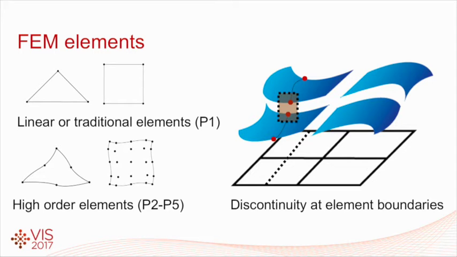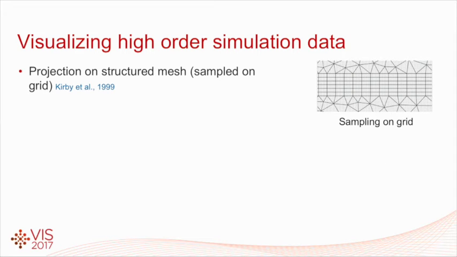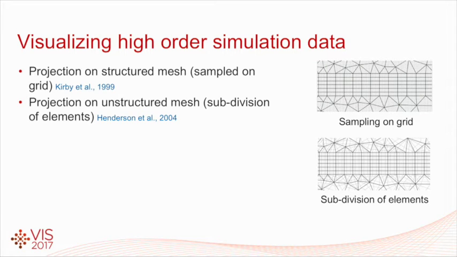So what did people do to visualize this data? One way was to sample the data on a fine grid and then visualize it. Another was to subdivide the mesh into smaller elements, sample the simulation data, and input it into software by Kitware to visualize it.